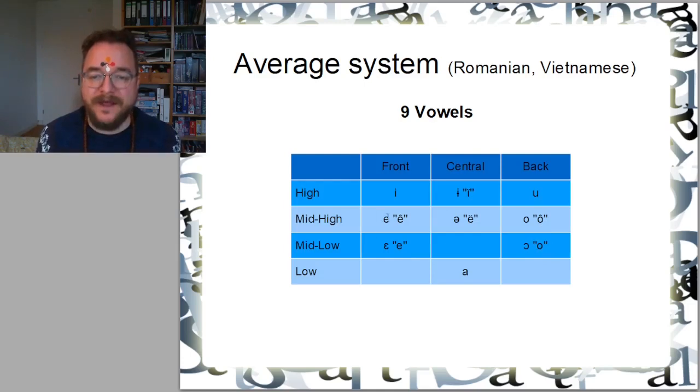Again, note that first you see the IPA symbols, and then within quotation marks you actually see how in the written form these letters are represented. Because, for example, this sound you don't find on a standard keyboard for your computer, but producing these is way easier, also with your mobile phone.